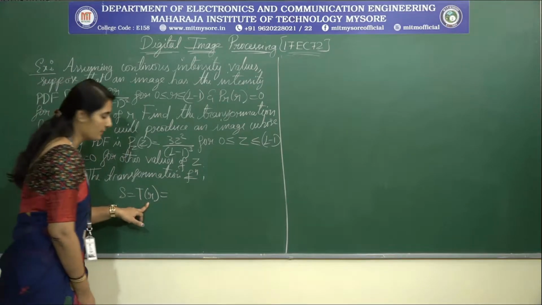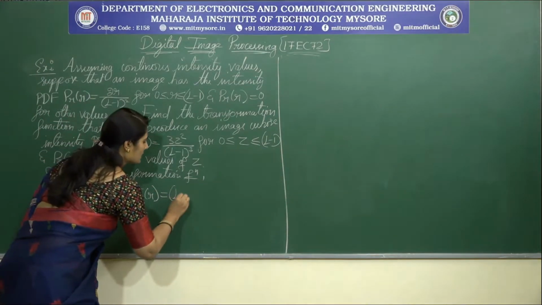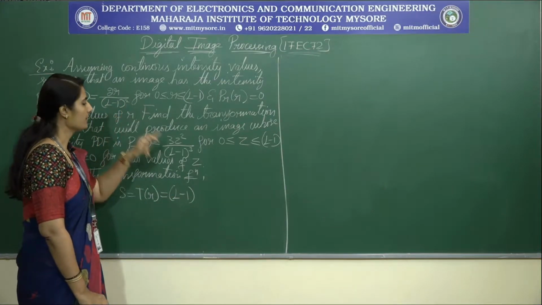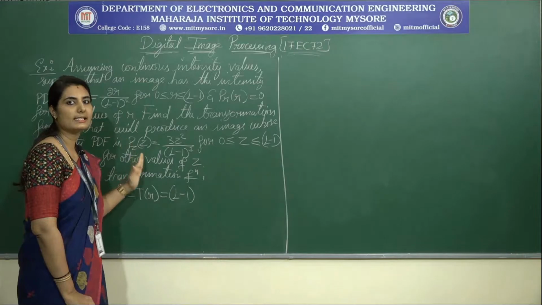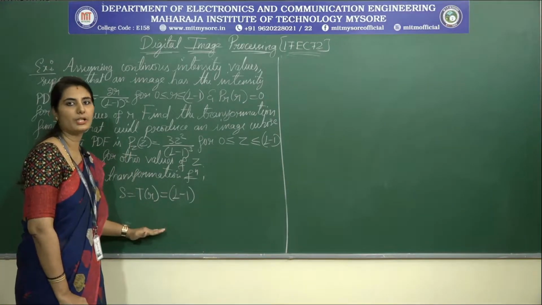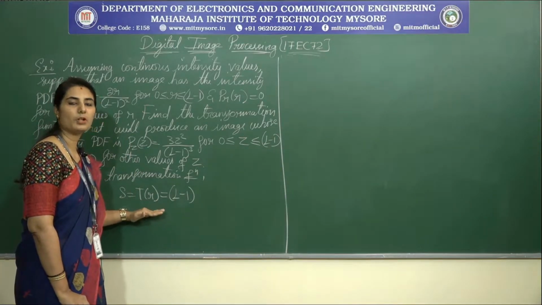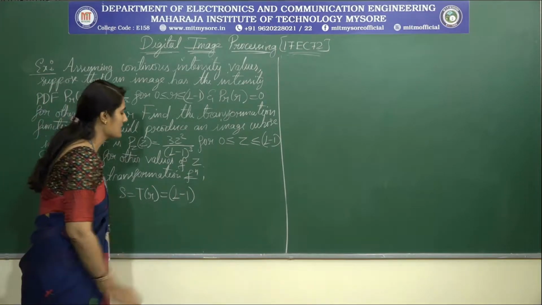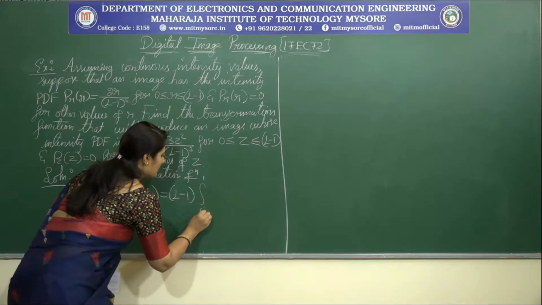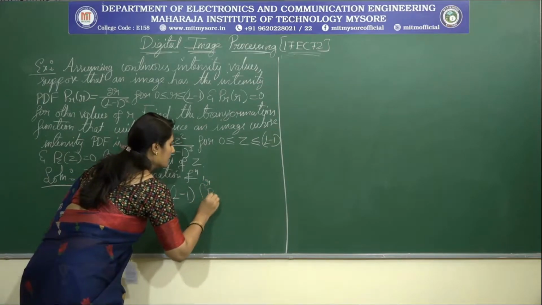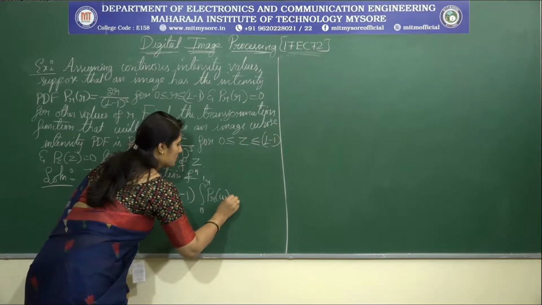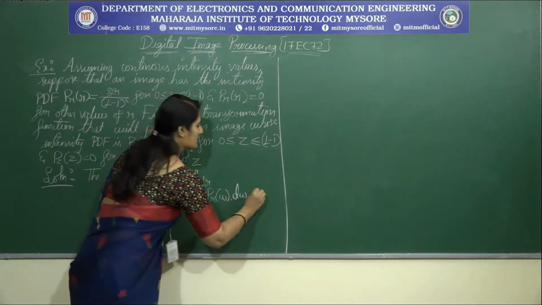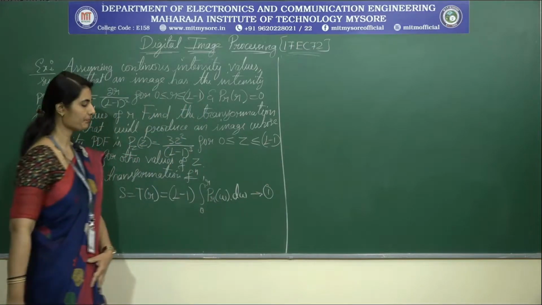For continuous intensity values, from the given PDF we can identify that this is a continuous intensity valued image. So we have to use the formula of continuous intensity values. So T of R is equal to L minus 1 integral 0 to R PR of W dW. I call this equation number 1.